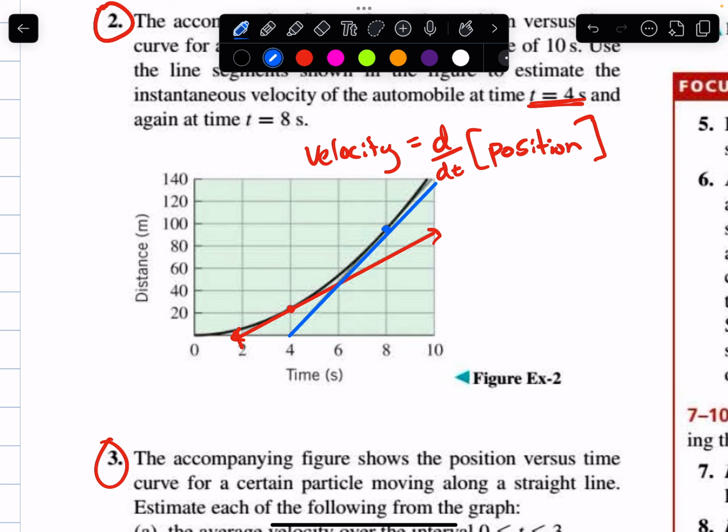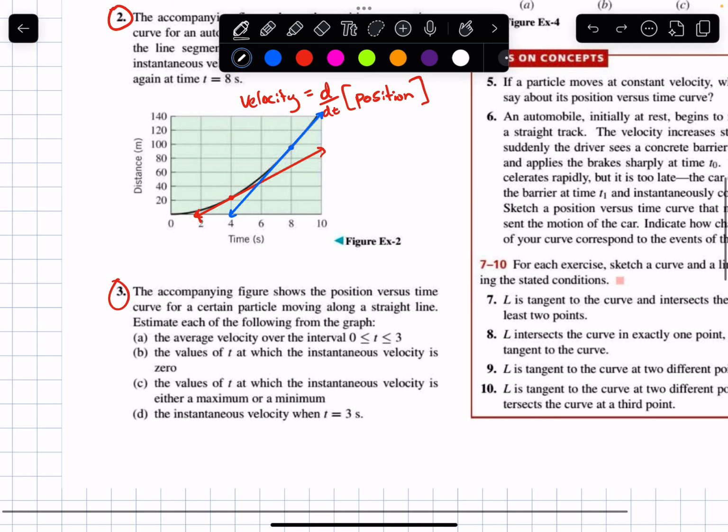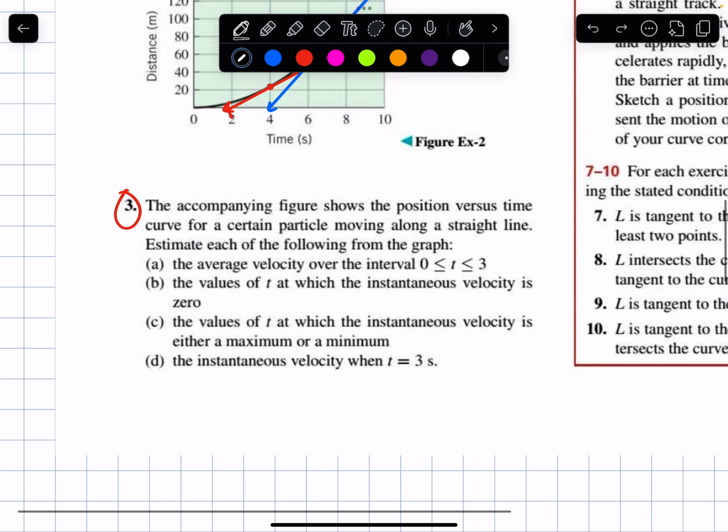Because we have this tangent line here, and the slope of this tangent line right here will be the instantaneous velocity for this automobile at 8 seconds. So it's just using your same slope formula. You grab 2 points on the line, and then it's rise over run, and then boom, that's your answer.